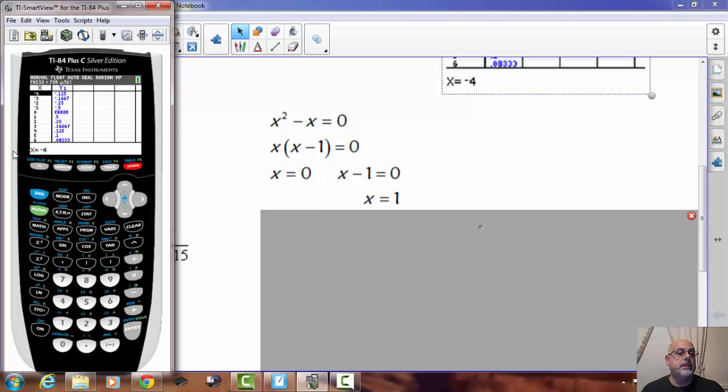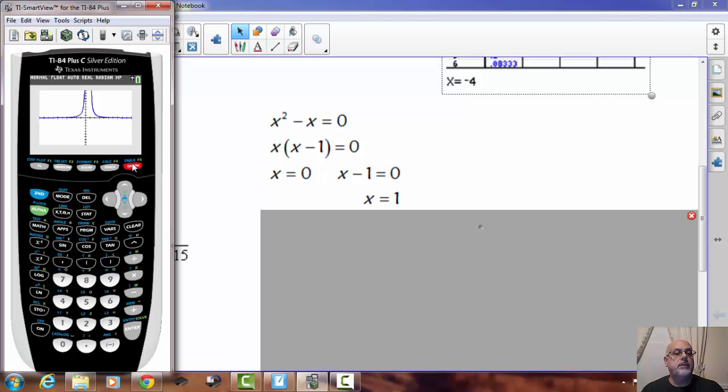So let's go back to the calculator, and let's put this in the calculator. 3 divided by, in parentheses, x squared minus x. Don't forget to close your parentheses. Let's take a look at the graph. So you see what the graph looks like.